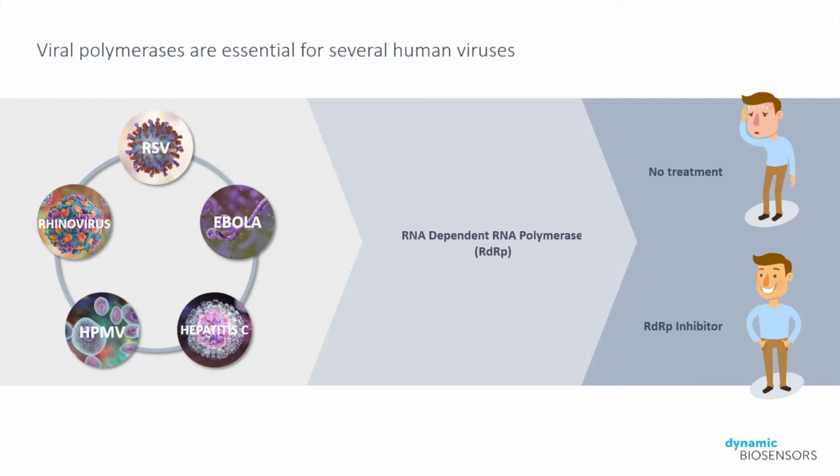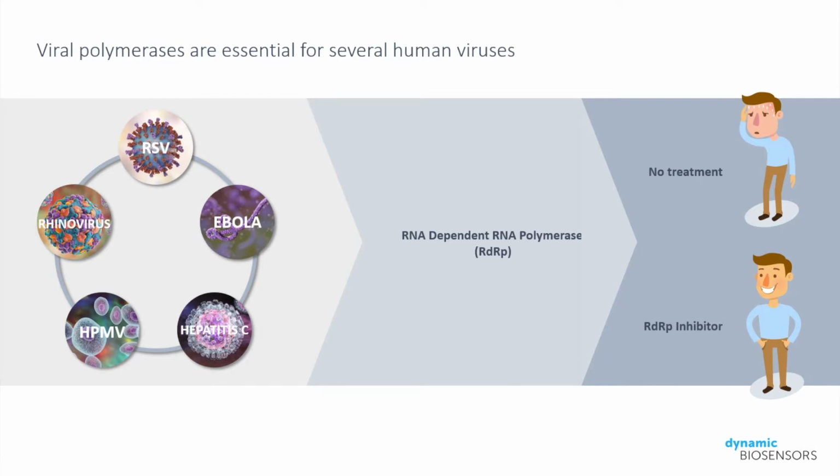All these viruses proceed through RdRP steps, and without treatment, some of them can make you quite sick, which is why inhibitors for RdRPs have been developed, targeting drugs, particularly for hepatitis and Ebola.